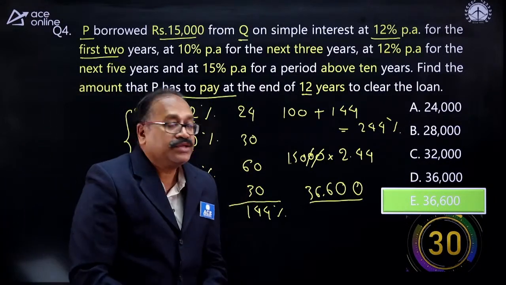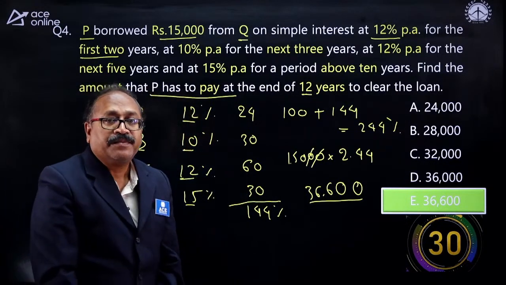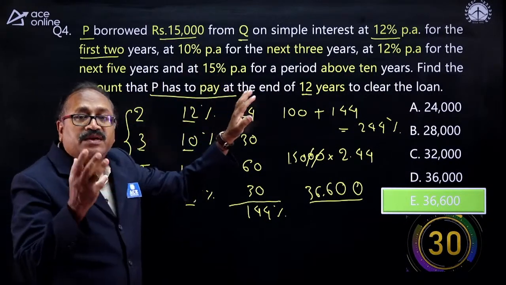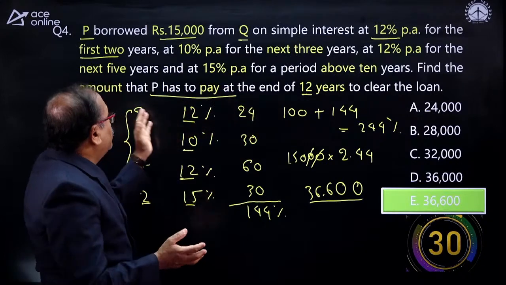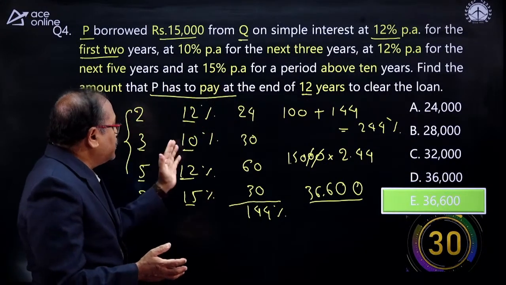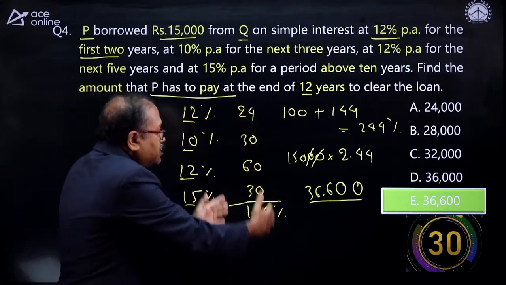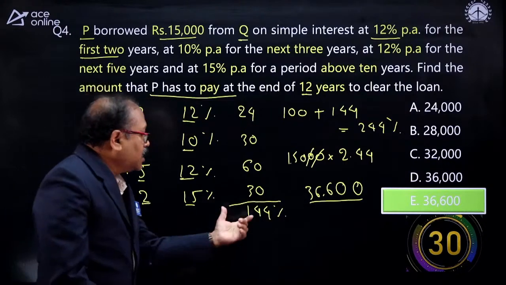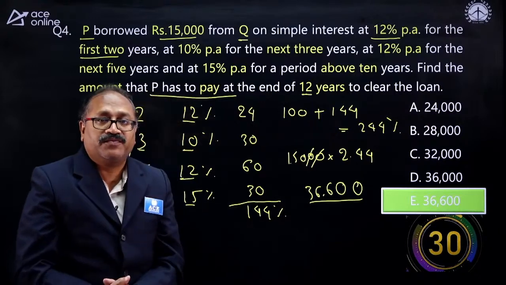Well done. So 36,600. The point I need to make here is that this type of question is very commonly asked in the exam. For certain periods, a different rate of interest is there. So this is a way to answer the question. If they ask what is the total interest, I will only find out 144%.